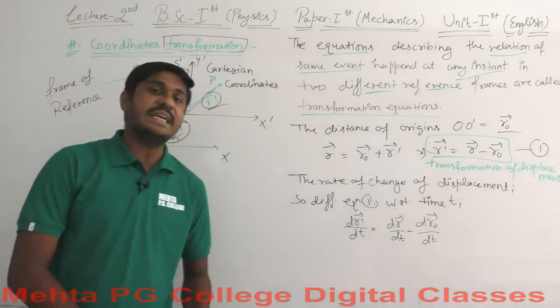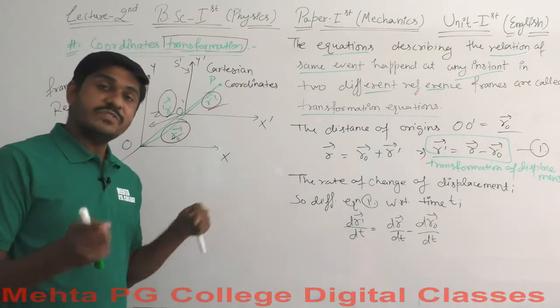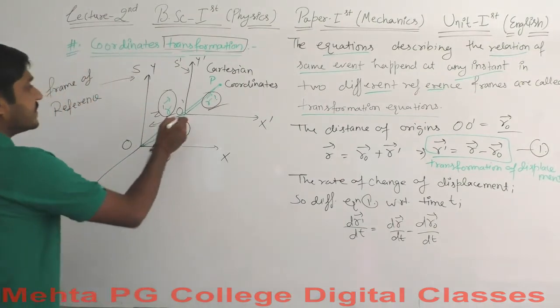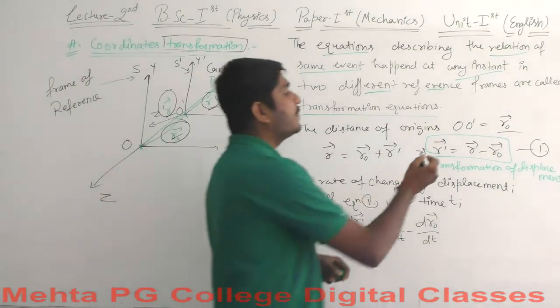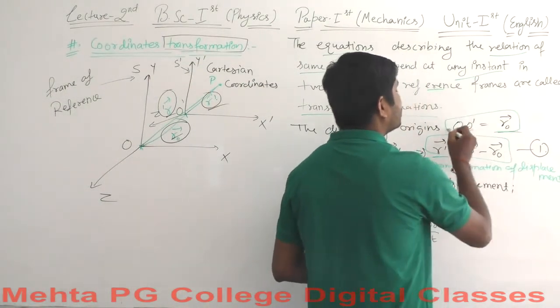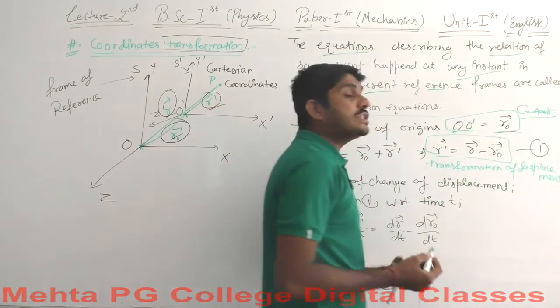But one thing here is, we have assumed earlier, when we started our example, that the distance between these two frames, let's say the distance between O and O dash, is a constant quantity.